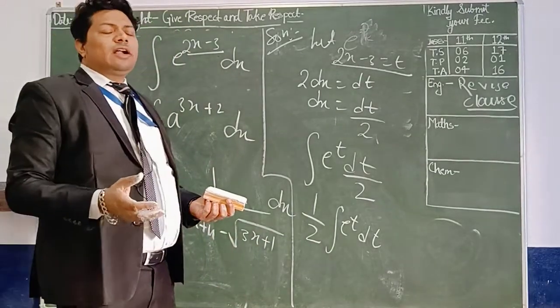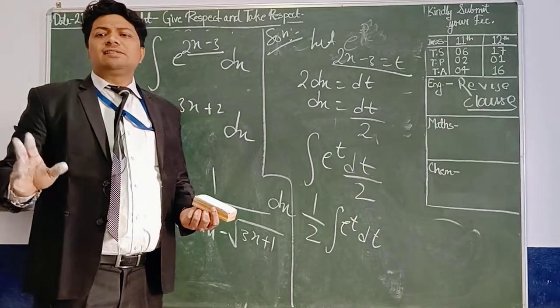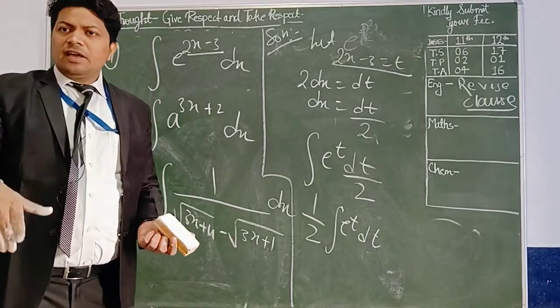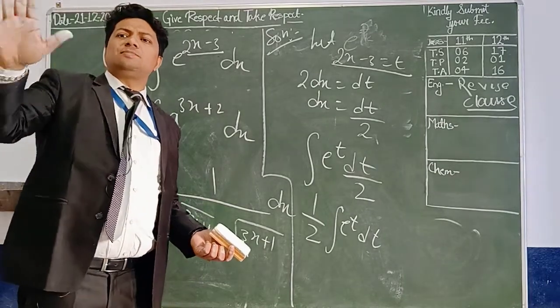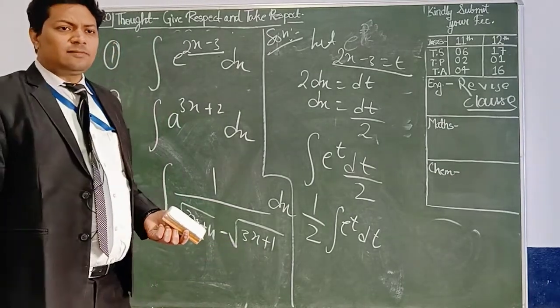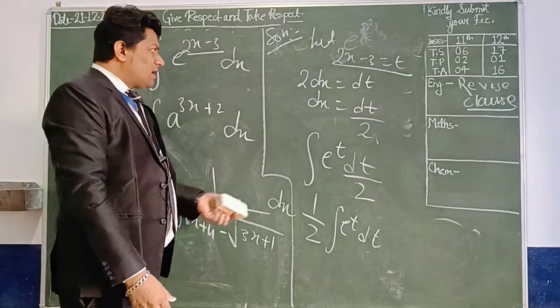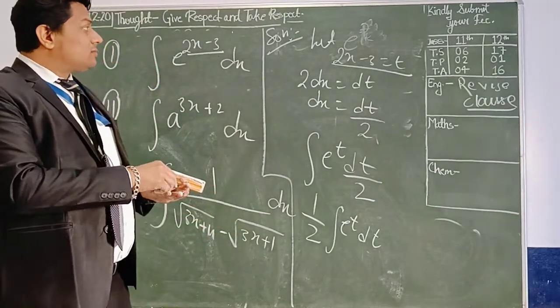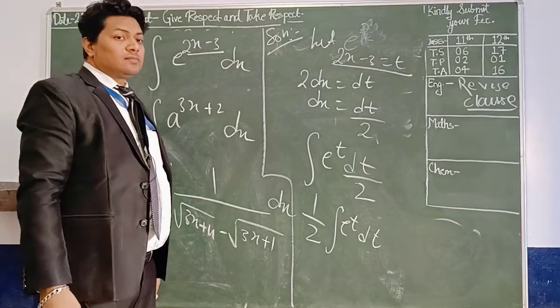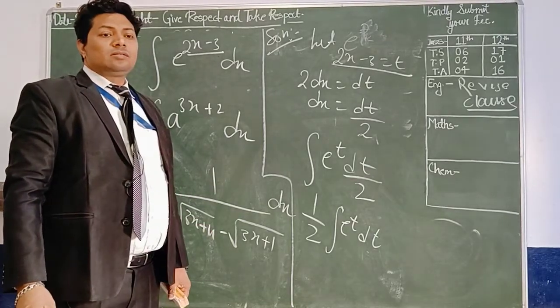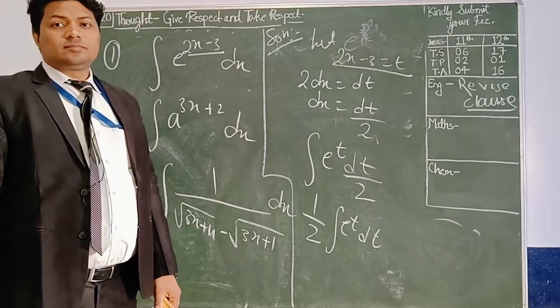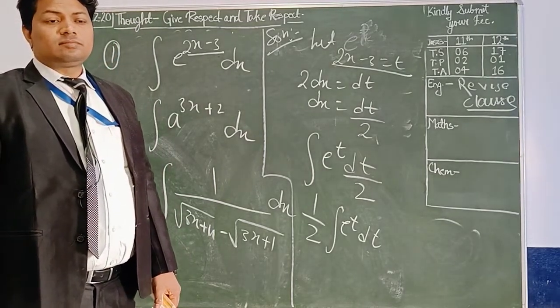And everybody knows that integration of e power x is e power x. Integration of e power t is e power t. Integration of e power p is e power p. Is it clear? If you want to write this one, write it. Any doubt?